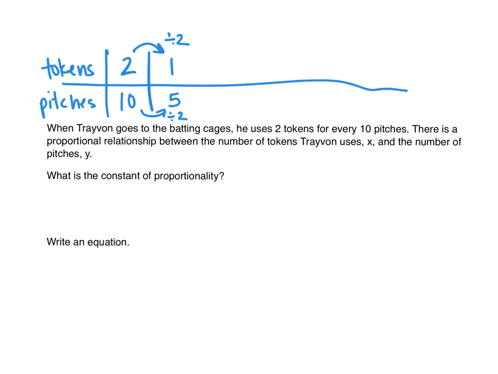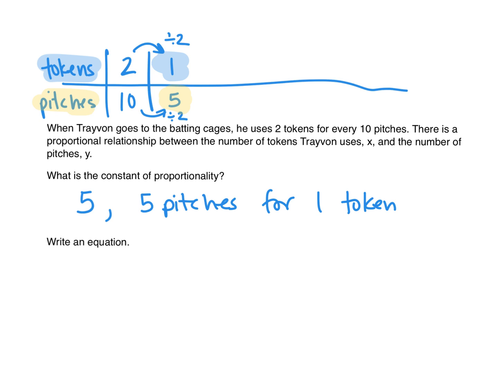So the constant of proportionality is 5, and that means that I get 5 pitches for 1 token. And I'm just reading that information right from the table. 5 pitches is 1 token. When we write our equation, we're looking for the connection between the 2 variables.